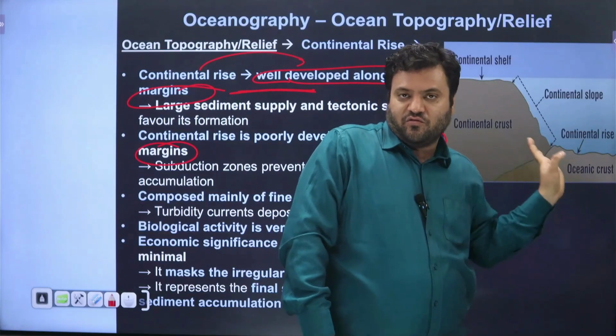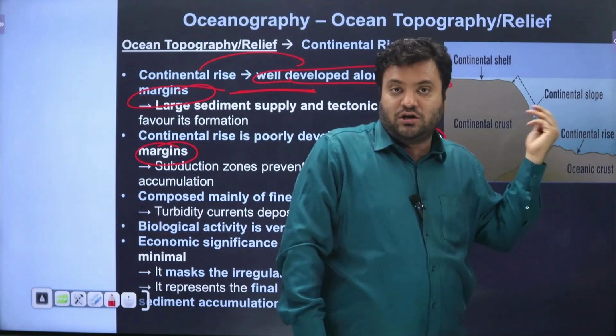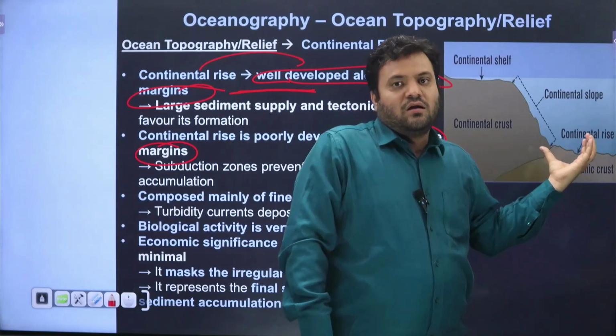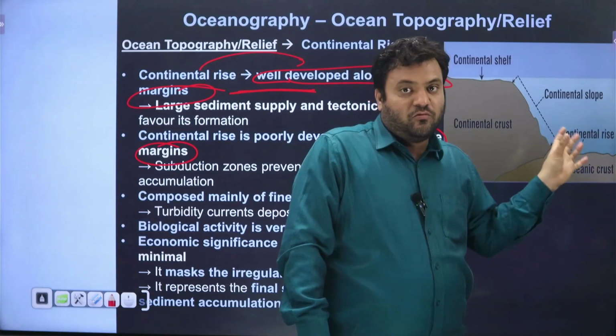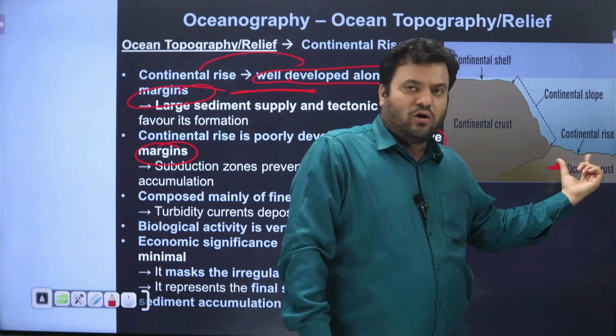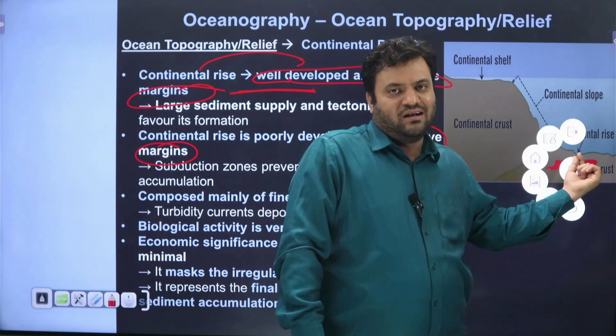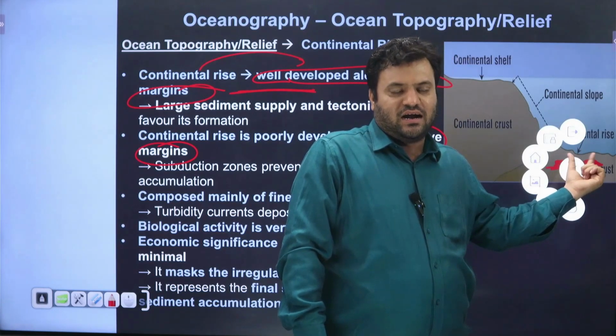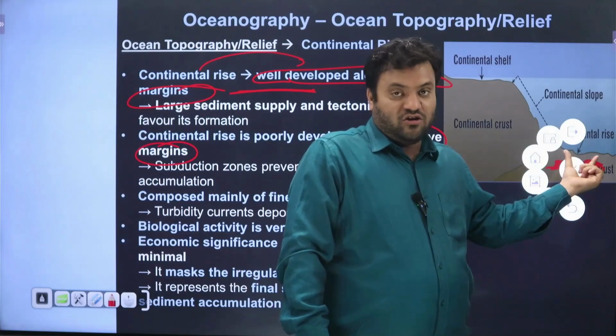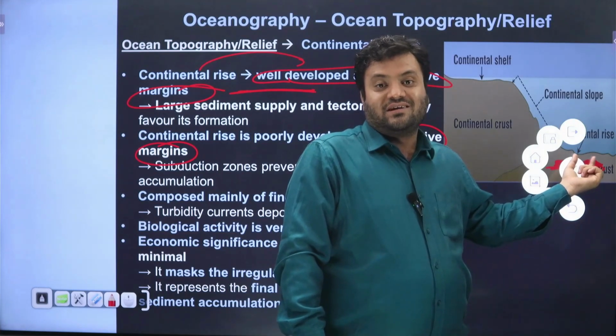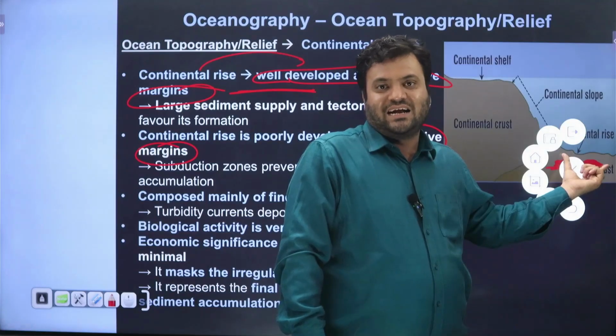We may have some sort of volcanic eruption if it gets fractured because of the convergence of two different plates. So it is subjected to tectonic activities, which are well developed based on the active and passive margin.